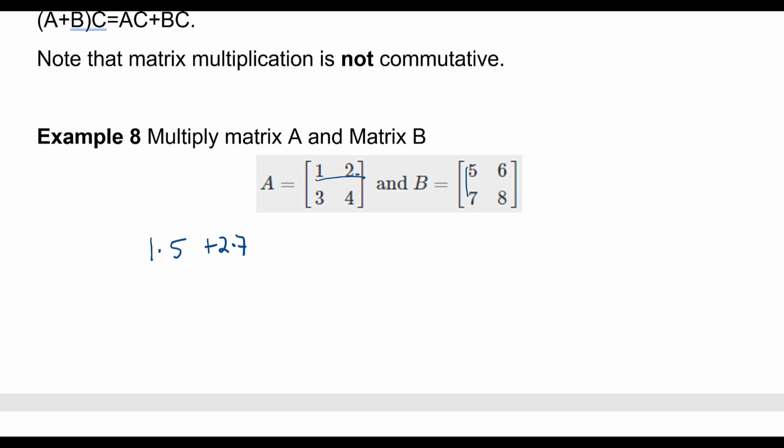Then we do this row times this column, 1 times 6 plus 2 times 8. Then we do this row times the first column, 3 times 5 plus 4 times 7. And then this row times that second column, 3 times 6 plus 4 times 8.